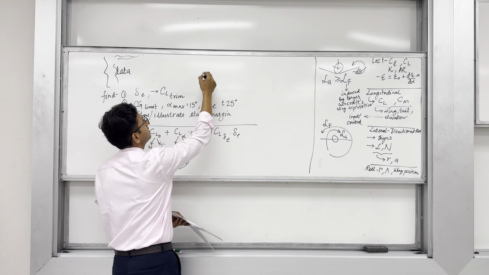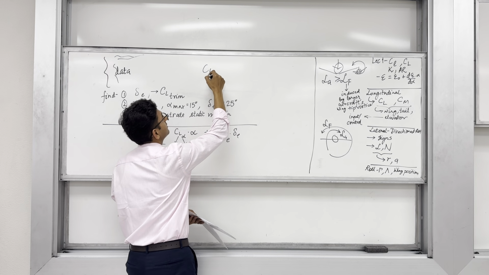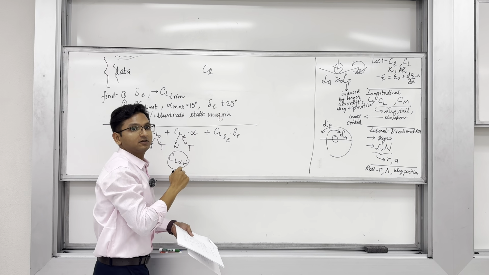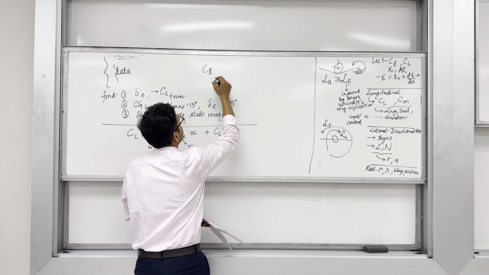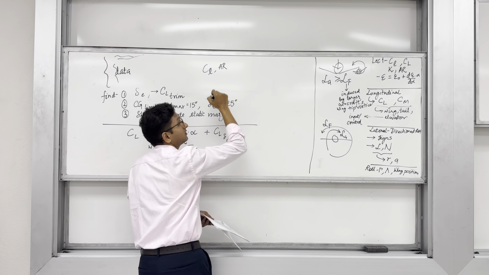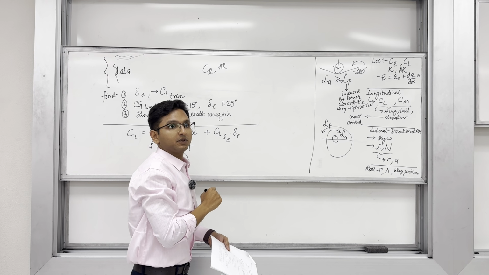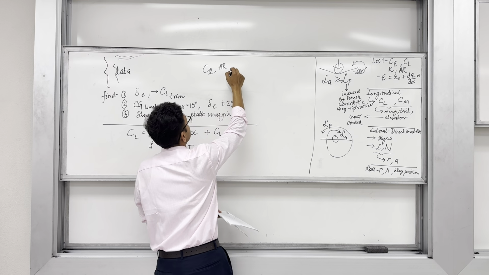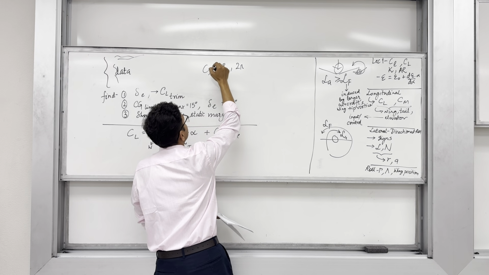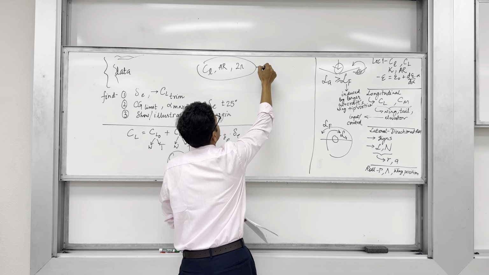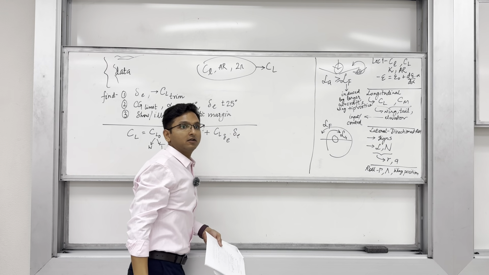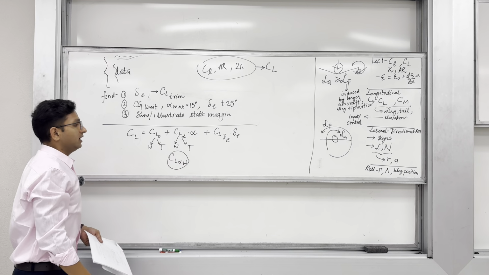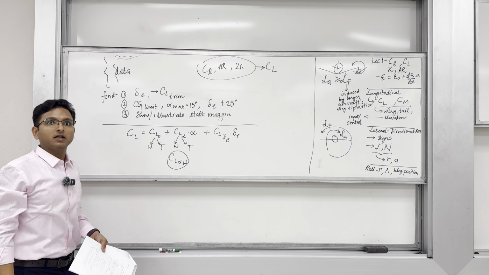And if the question data has something like this, then what is this? 2D. Then you need to look for aspect ratio next. Can I get the aspect ratio? If I have the aspect ratio, then I can use the value 2 pi and the aspect ratio to get the capital CL.